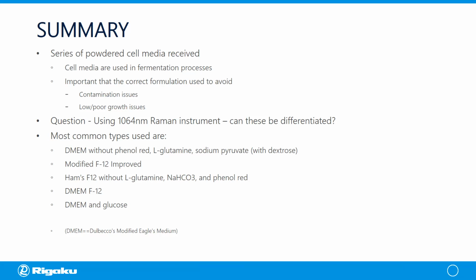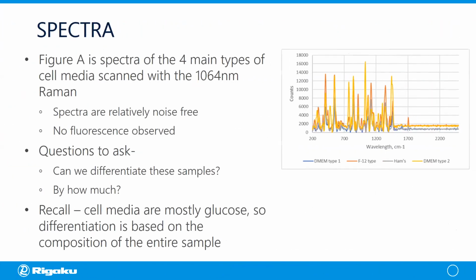There's the modified F12 and there's Ham's F12. Now, one of the challenges that we're looking at here is that we need a specific type, but glucose tends to be the majority ingredient for all the types that we're looking at. So this was an additional challenge to differentiate these types of materials.